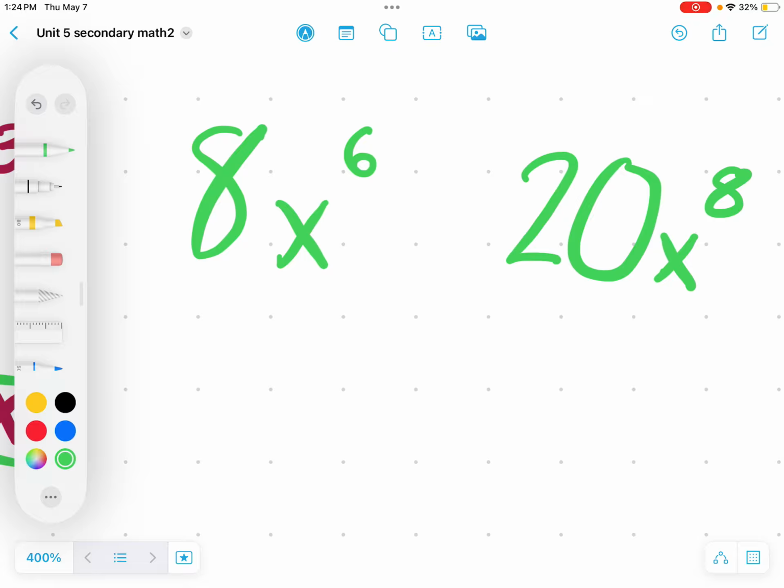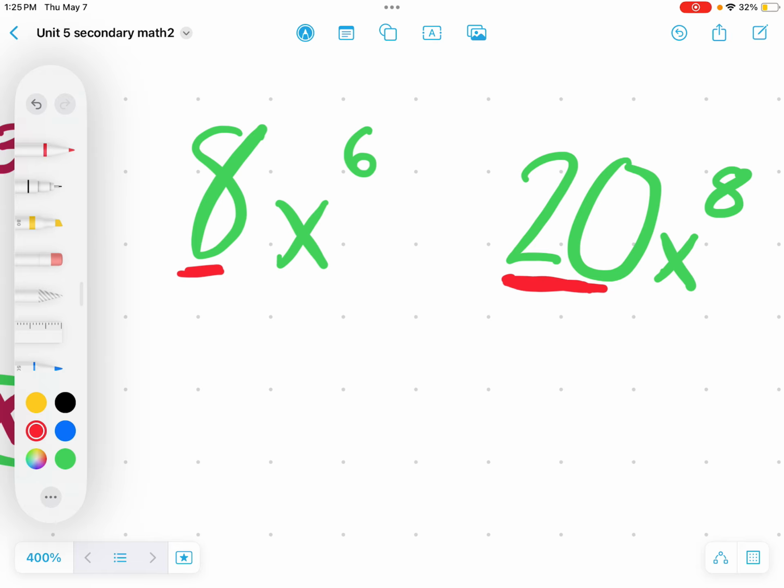Start first with just the numbers. What's your GCF between 8 and 20? What's the biggest number that goes into both 8 and 20? 4. 4 is going to be your biggest one, because 8 can't go into 20. So 4 is my GCF between 8 and 20.